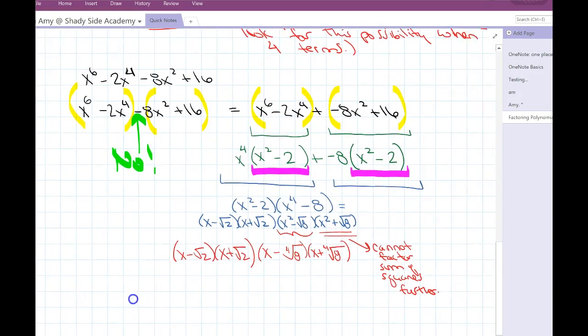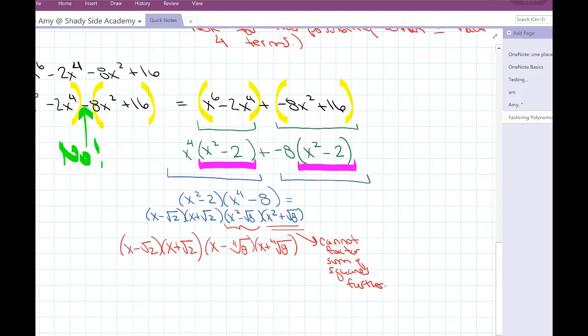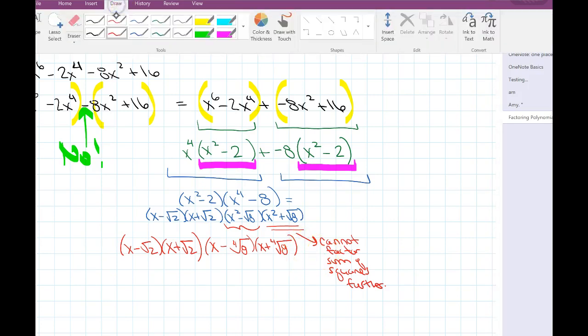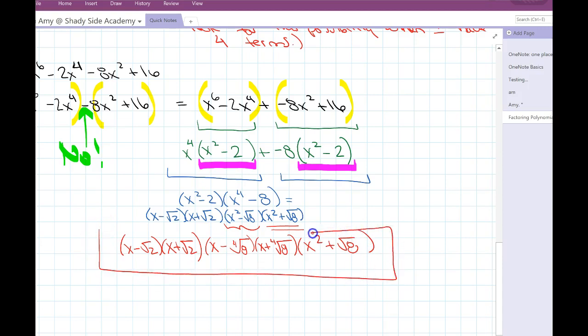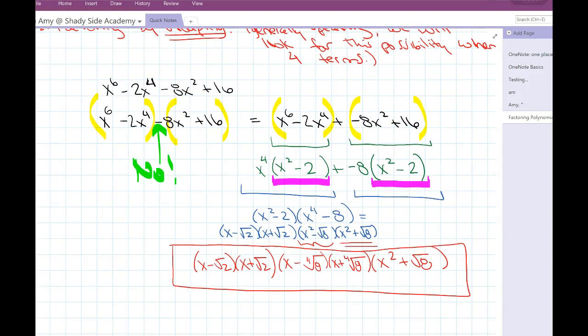I'm just going to erase this because I can't fit that one. Then I've got x squared plus root 8. And here is a complete factorization of the original degree 6. All right, that's factoring by grouping.